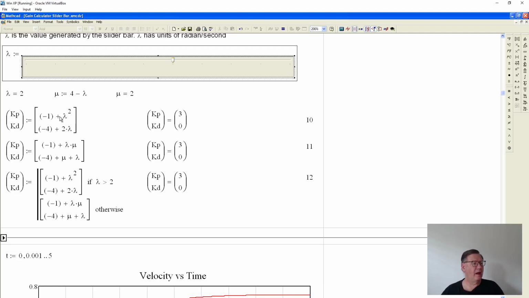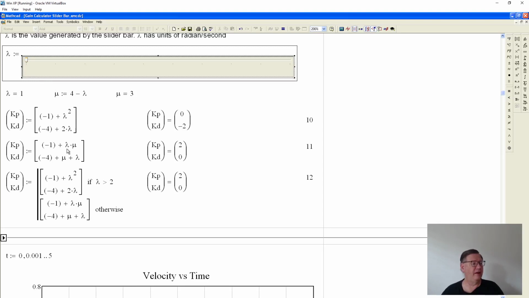So I have 2 solutions. If I move my slider bar so that lambda is less than 2, then we could end up with a negative gain for the derivative gain, and that's not acceptable.